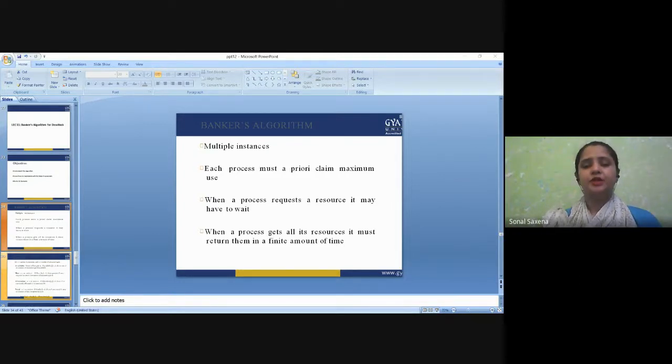This is where your banker's algorithm comes in and checks that a process should not grab the whole resources under the control of a system. When a process gets all its requested resources, it must return them in a finite amount of time, because some other processes will need those resources.